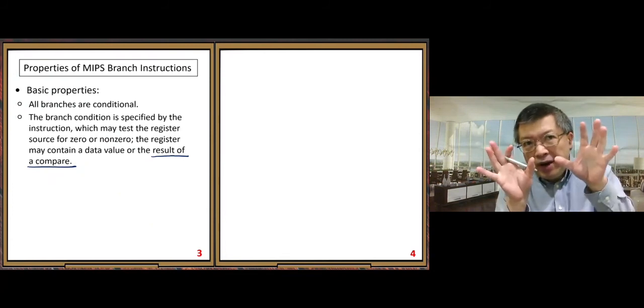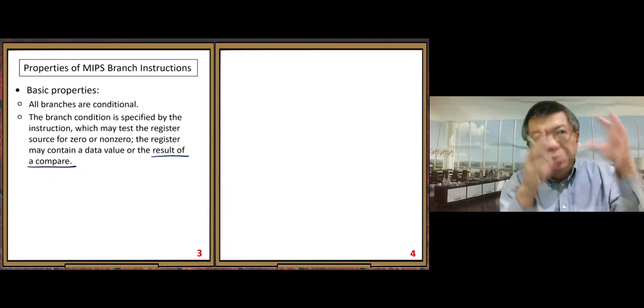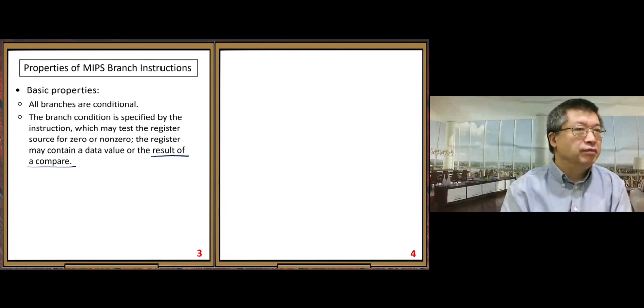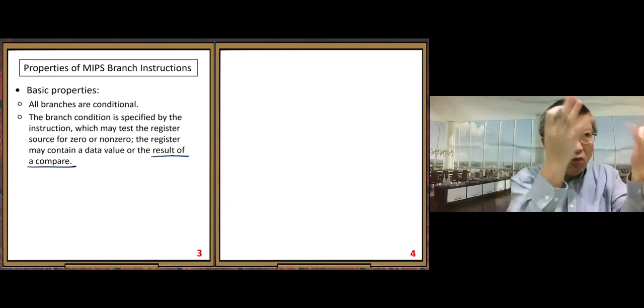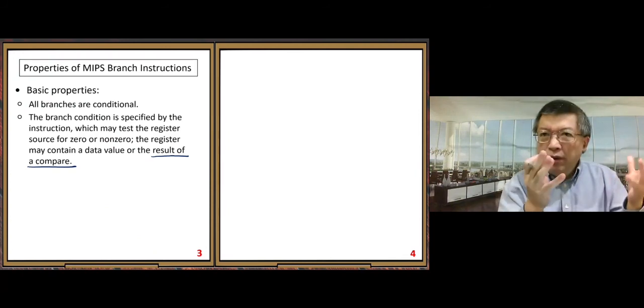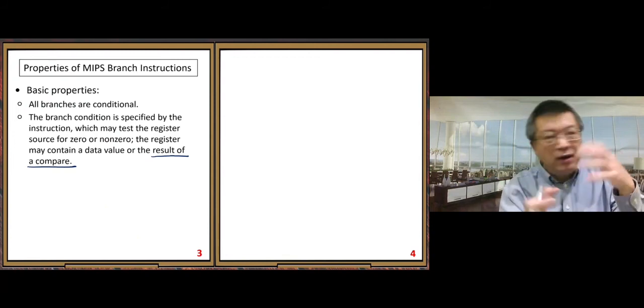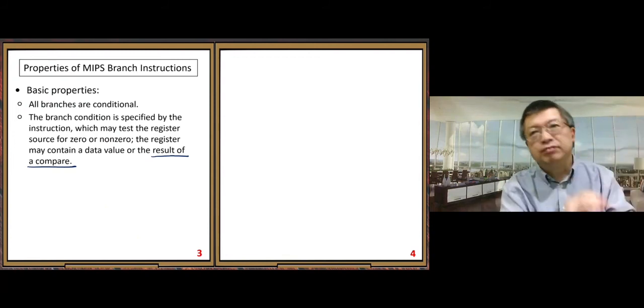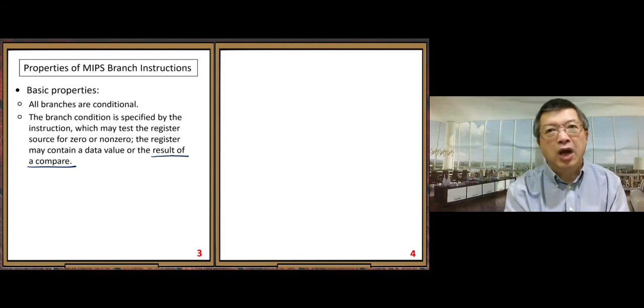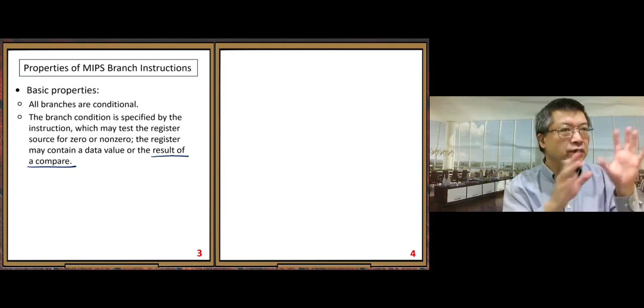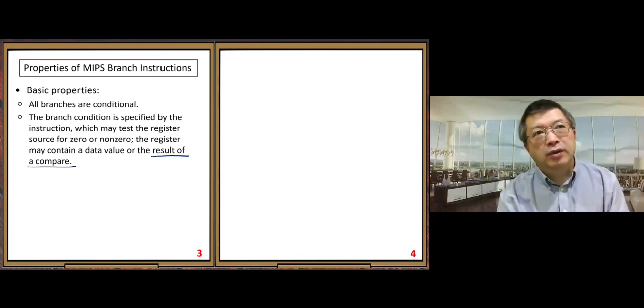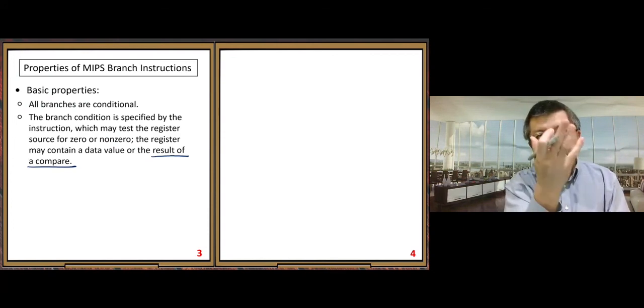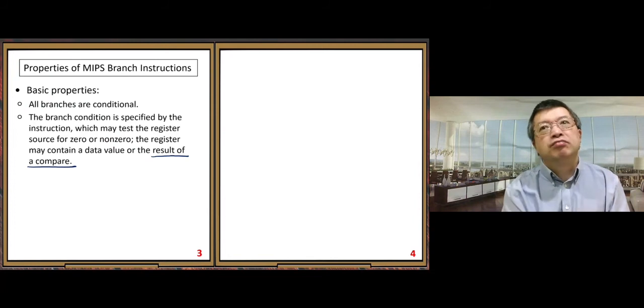When you compare two values in some way, equal, not equal, greater than, less than, some comparison operator, the result is true or false.